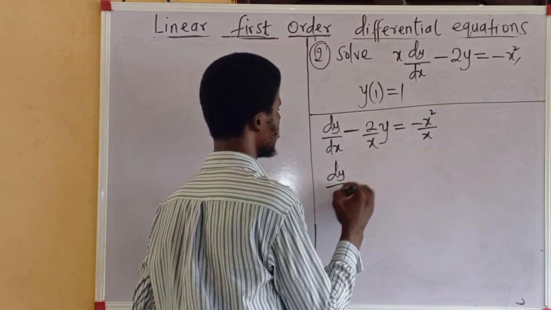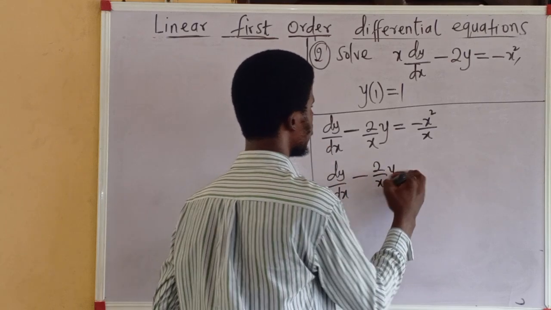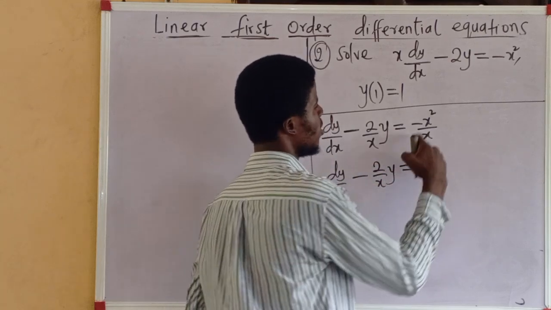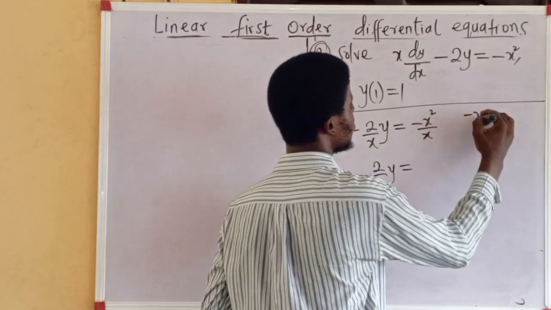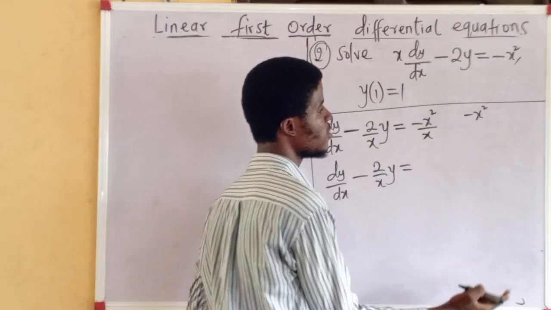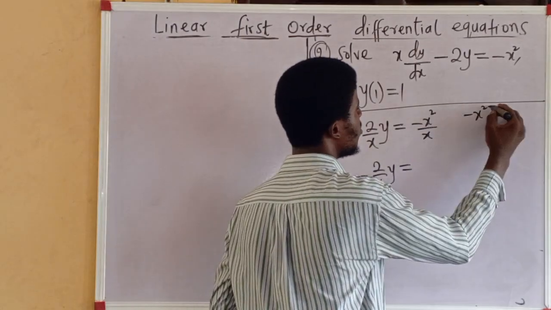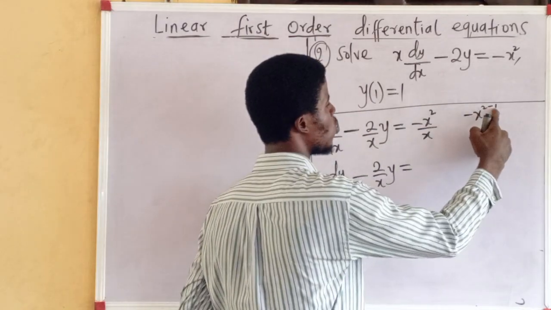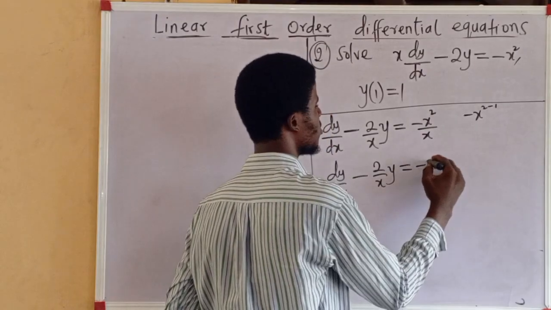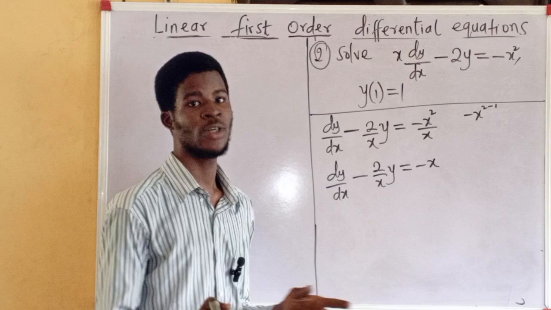Dy dx minus 2 upon x times y equal to what? This is minus x squared divided by x. So by the law of indices, they have the same base, I can say 2 minus 1. And 2 minus 1 is 1, so we're having minus x. Okay, so it is now in the general form.